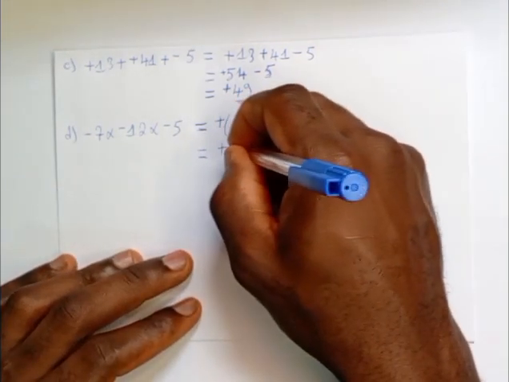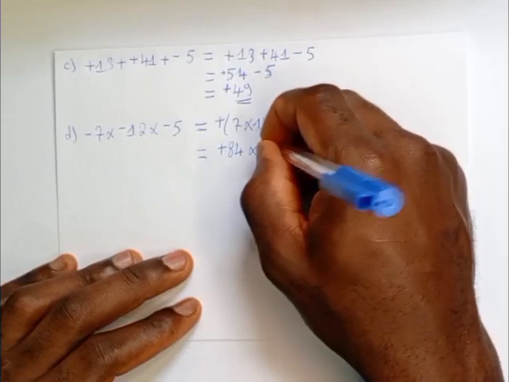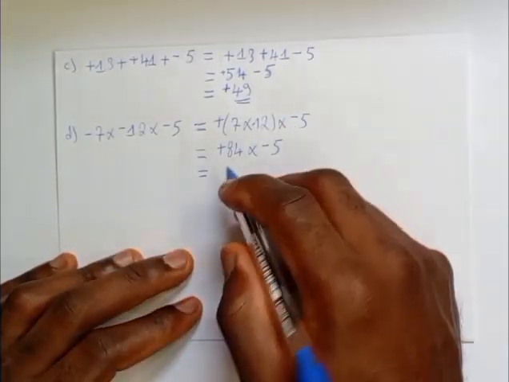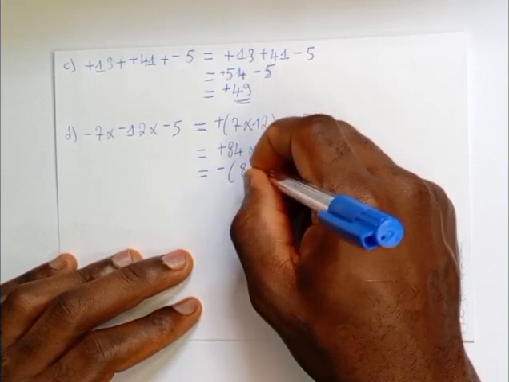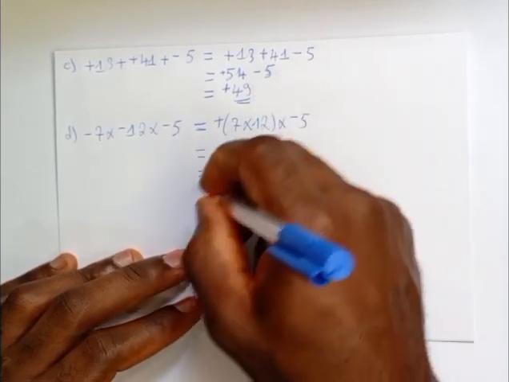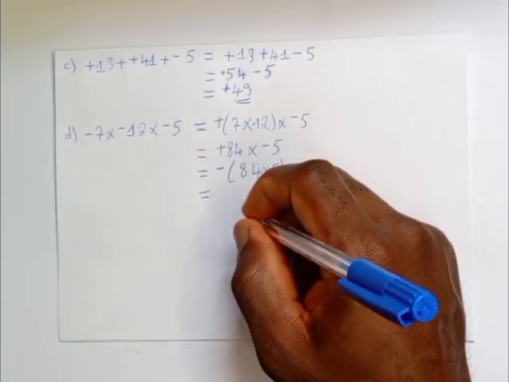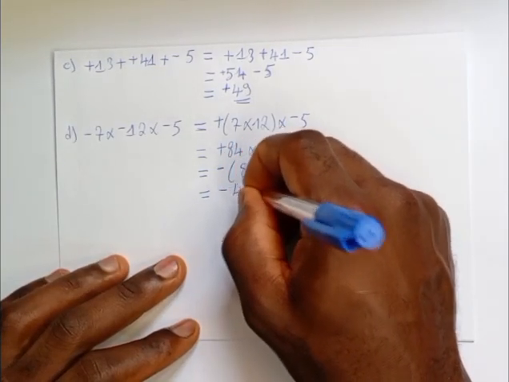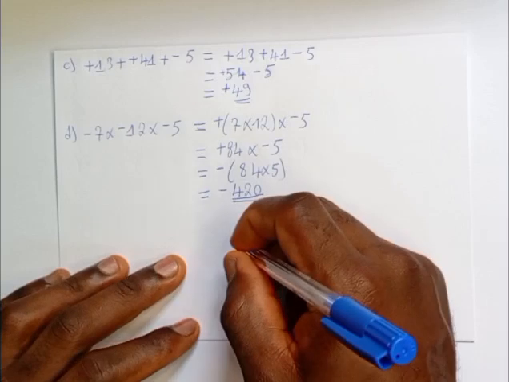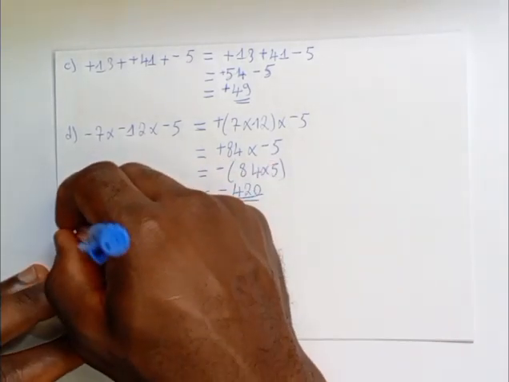This will be positive 84 times negative 5. Next, we have to multiply a positive number by a negative number. The resulting sign is negative. So we take 84 times 5. And this will simply be equal to negative 420.